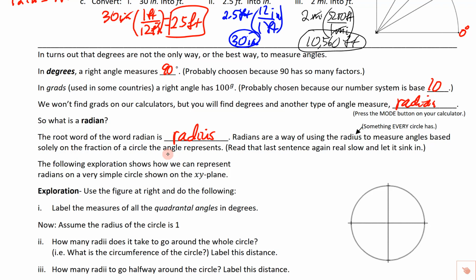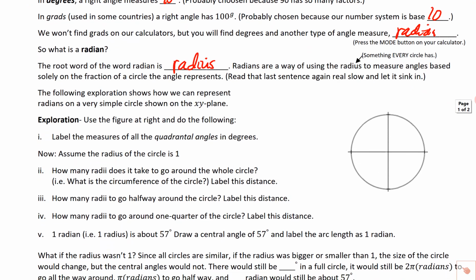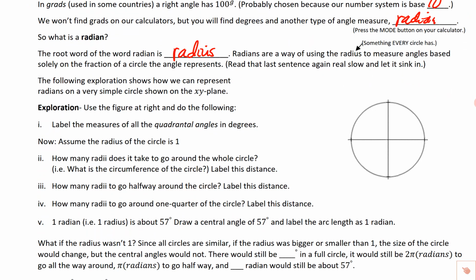Now, that is a mouthful and it's a complicated sentence, but that in essence is what a radian is. So, you need to read that last sentence again and let it sink in.